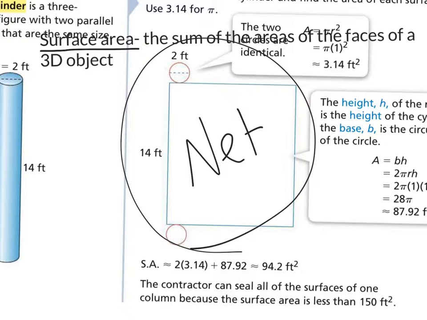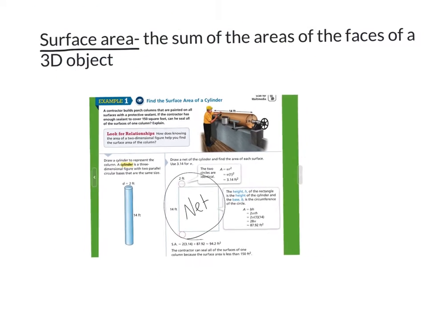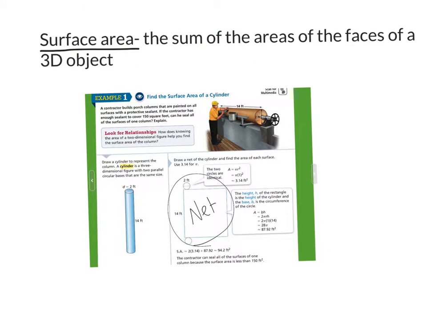The two circles are the top and the bottom of the cylinder, and the rectangle is the sides, if you will, of the cylinder.